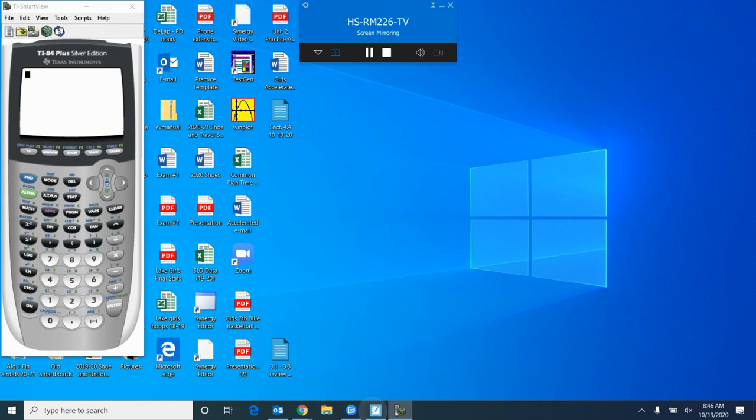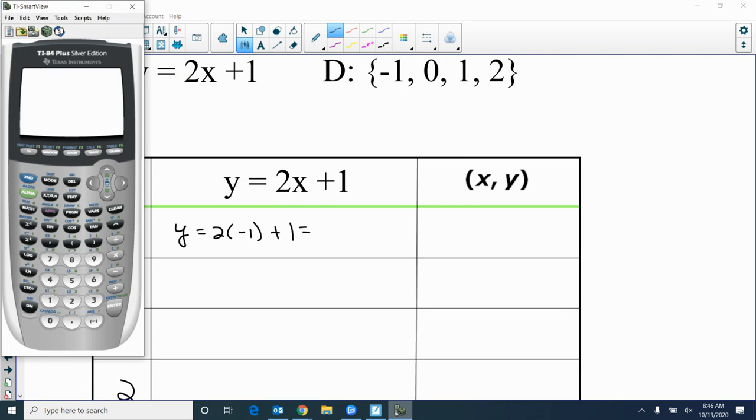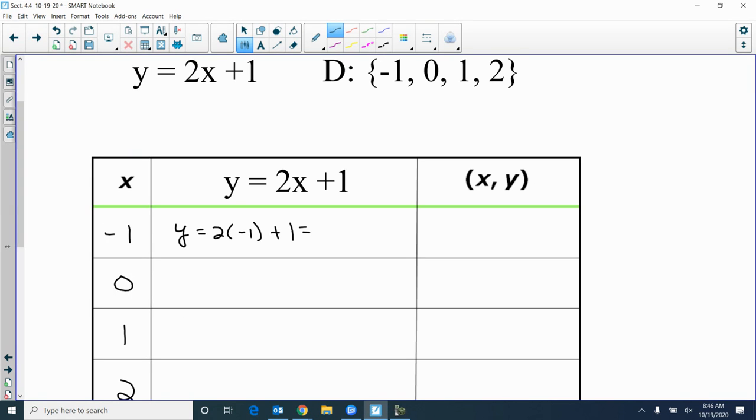Okay. All right, and so for that one, that's 2 times -1 plus 1. And I got -1. Okay. So -1, and put your ordered pair there, -1, -1.